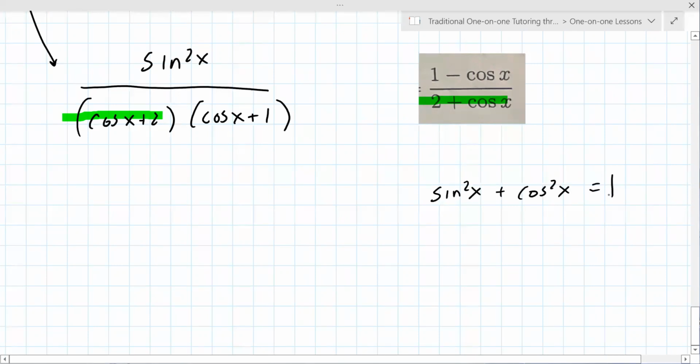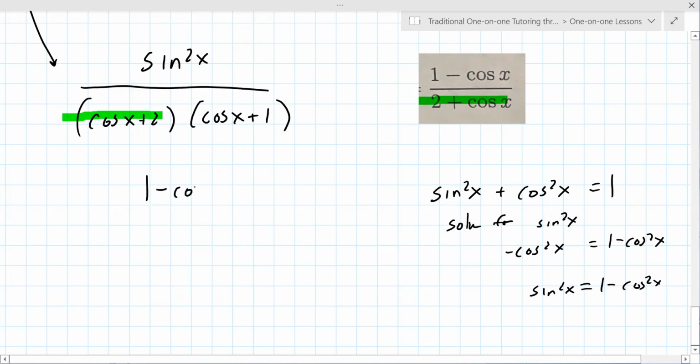Sine squared x plus cosine squared x equals 1. If you were to solve this for sine squared x, that means subtracting the cosine squared x from both sides. You get sine squared x equals 1 minus cosine squared x. So instead of sine squared x, we're going to put 1 minus cosine squared x in the numerator, and then cosine x plus 2 in the bottom, cosine x plus 1 up top.